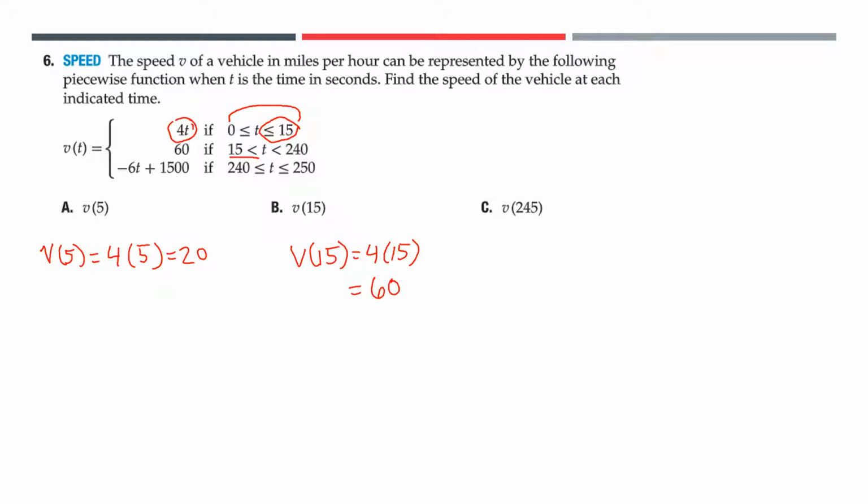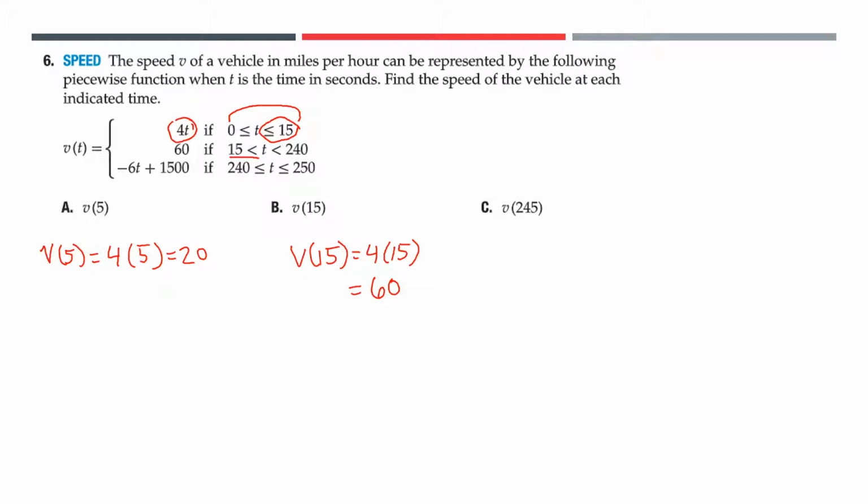In this case, it wouldn't have mattered, but you do need to watch that. It's one of the things that people like to throw at students, where they put something like this and you plug it into the wrong one and you get the wrong answer. All right, V of 245.